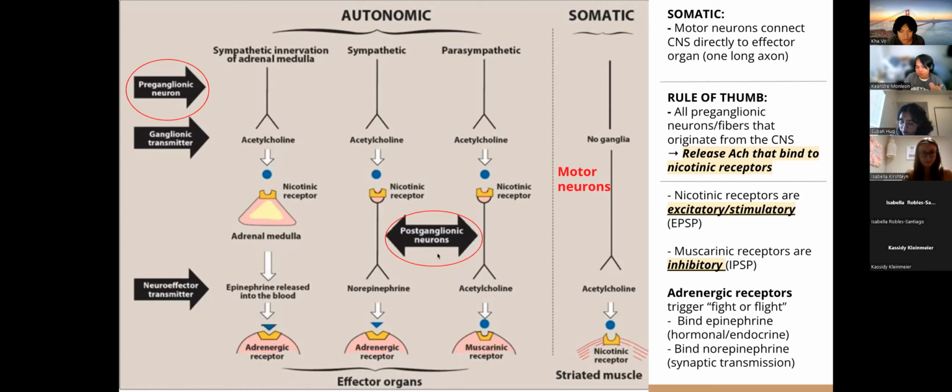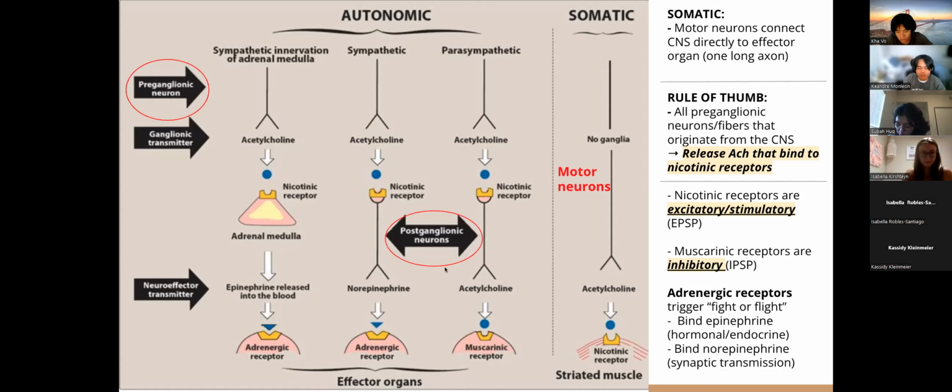In terms of postganglionic neurons, when they're depolarized after binding of this neurotransmitter, they're going to transmit this signal or impulse, and essentially this action potential causes the release of different sets of neurotransmitters that bind to the effector organ.